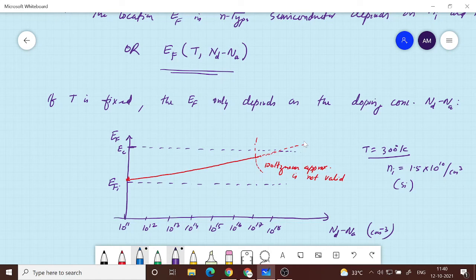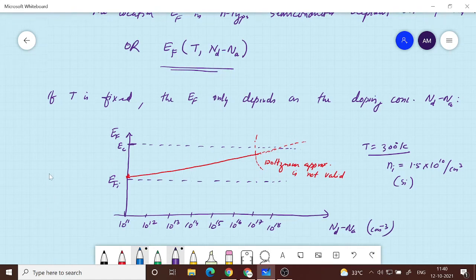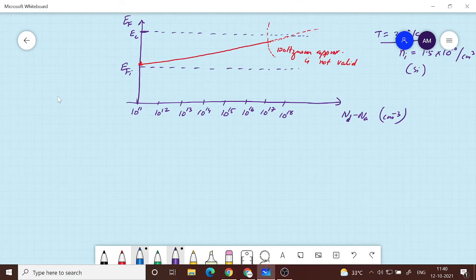And similarly, I can talk about how the Fermi level changes with temperature. So on the x-axis, if you take temperature, then you have to fix your doping concentration, so that also I can show.